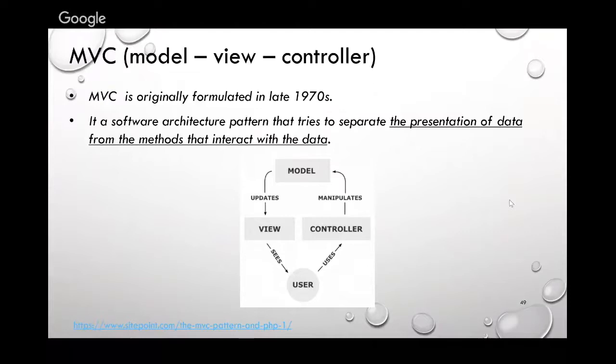And then controller means that, let's say you fill in the login form, with username and password, and then it will control whether your username and password are correct. If the username matches the password, then I will grant you access to some page. So it really controls the logic, the workflow of the user and server interaction.